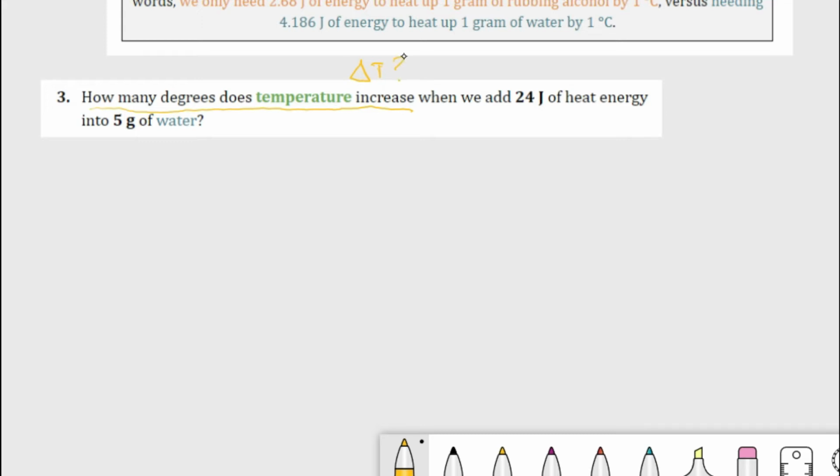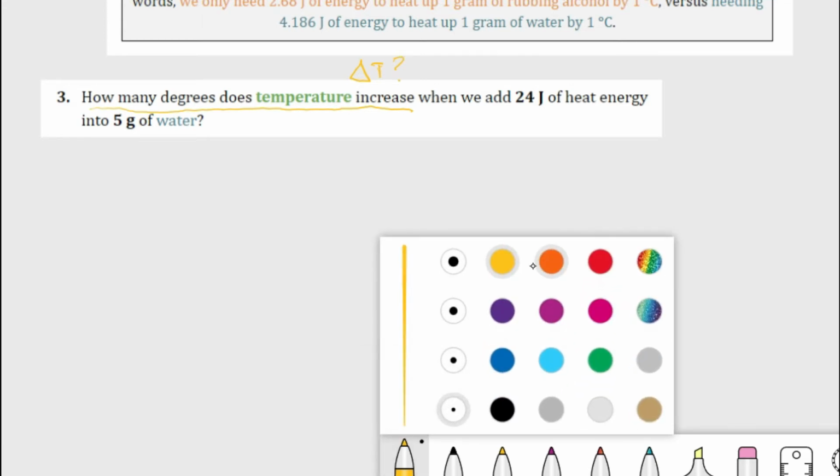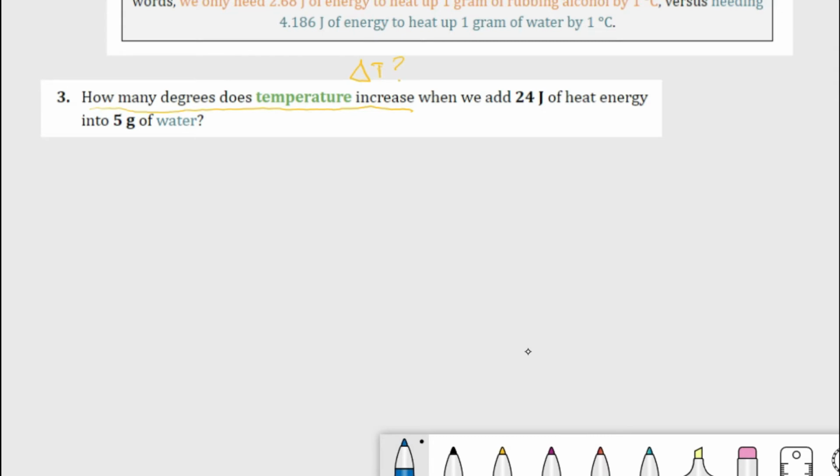When we add 24 joules of heat energy, okay, and there's the word energy there that also gives us a clue, into 5 grams of water. And I always like to ask what do we know, because it just gives us, okay, we're not starting with nothing.